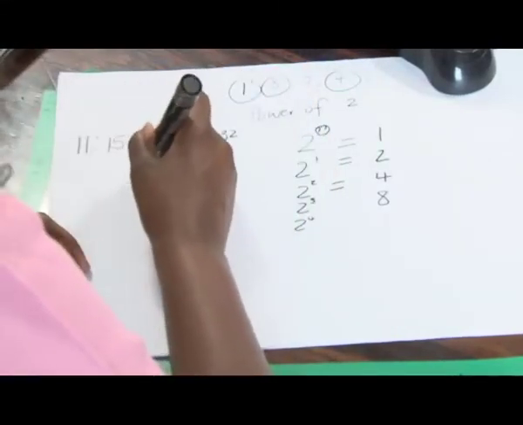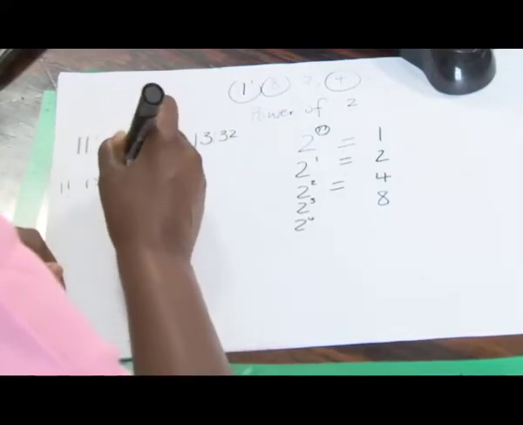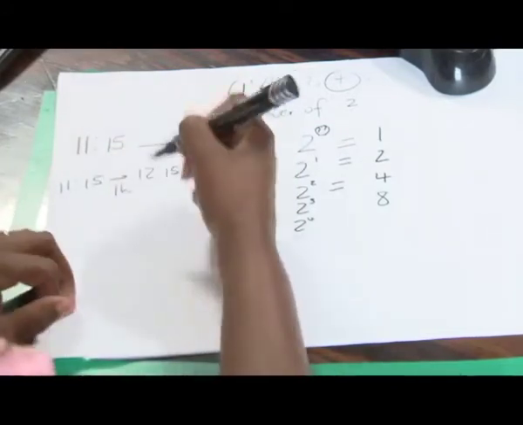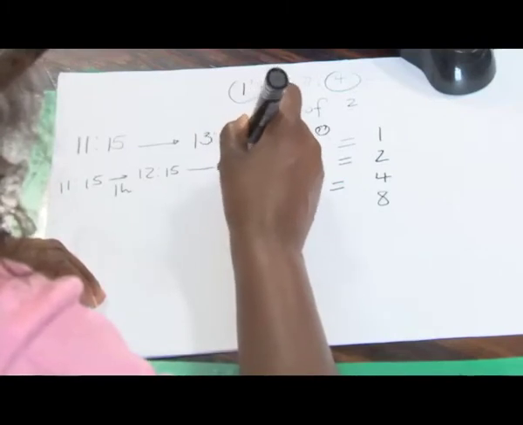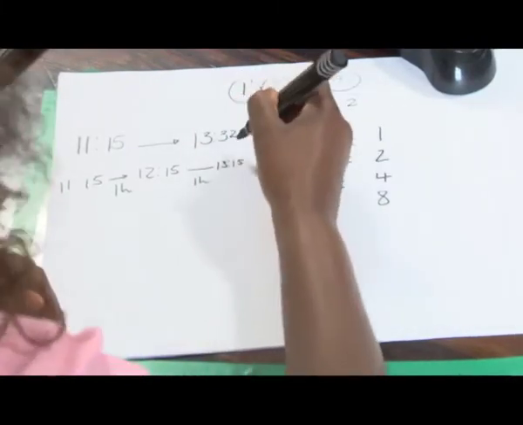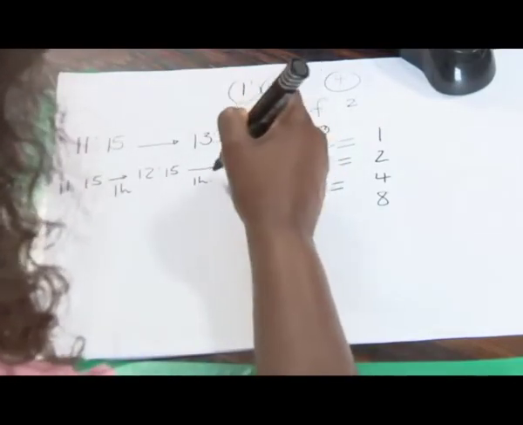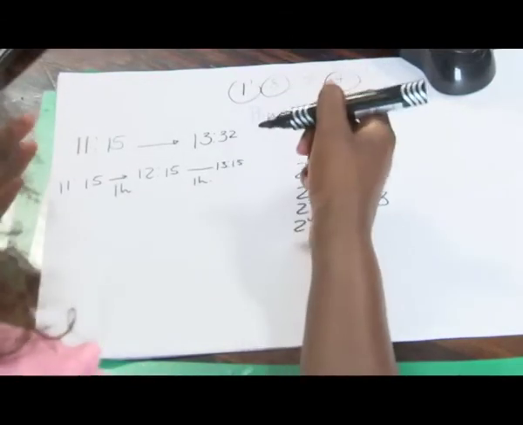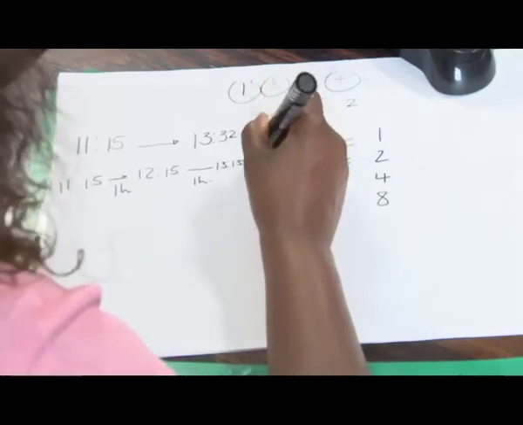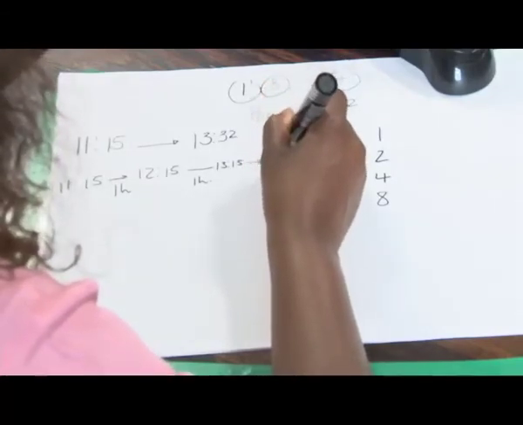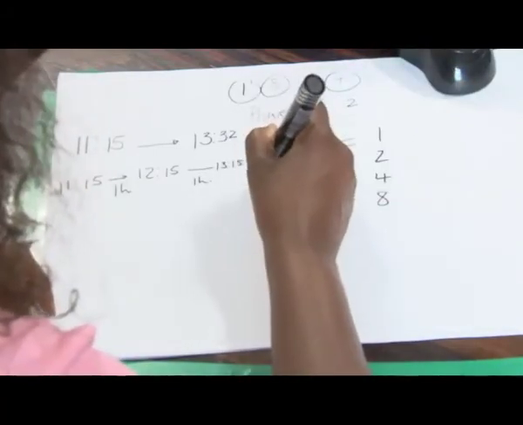11:15 to 12:15 is 1 hour. From 12:15 to 13:15, it's another hour. Now, how many minutes are there between 13:15 and 13:32? 32 minus 15 gives us 17 minutes.